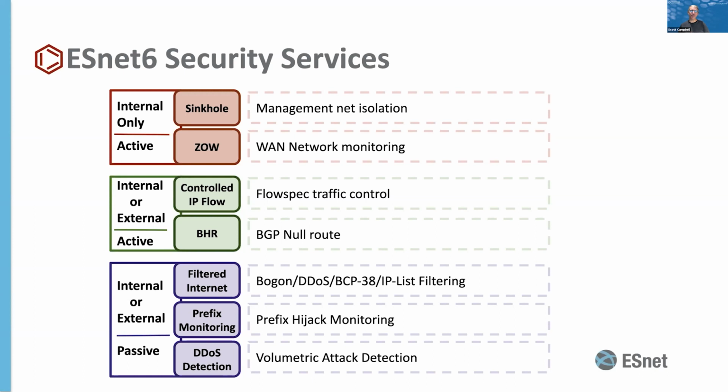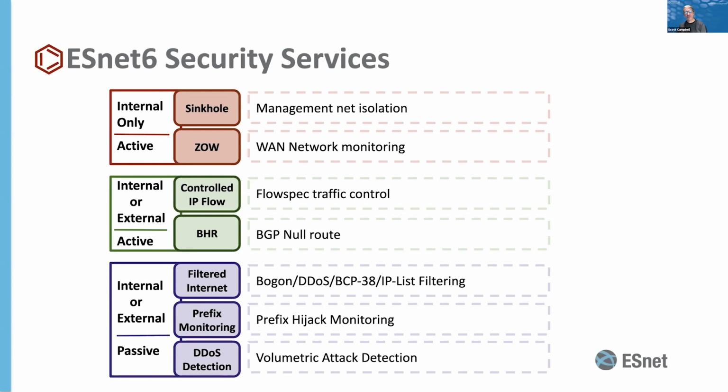So there'll be an interface that they can define 5 tuples to either block or to reroute or to throttle, as well as your classic BGP null routing, which is a really vanilla service, which says, you can provide a null route for an IP if it's in your routed space.